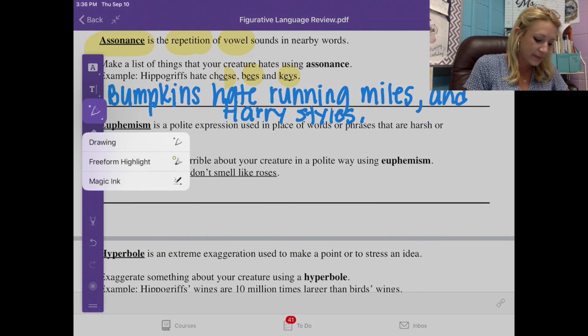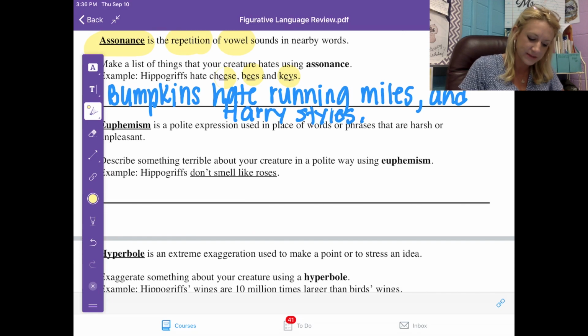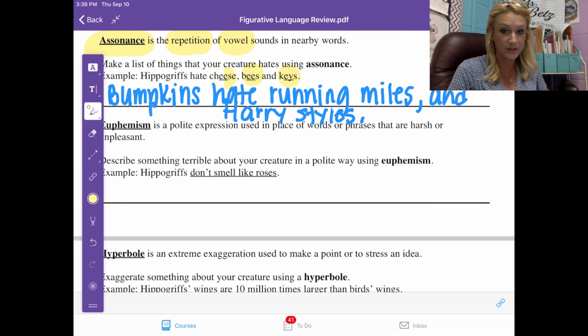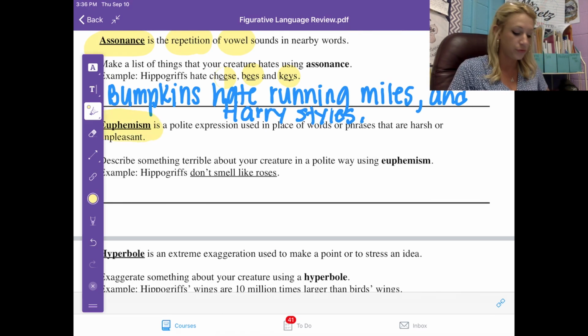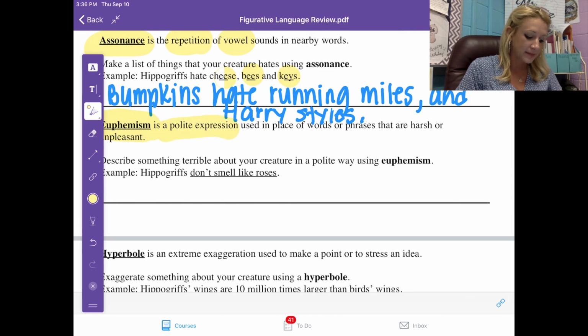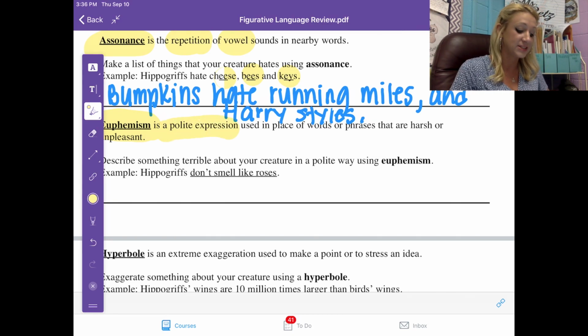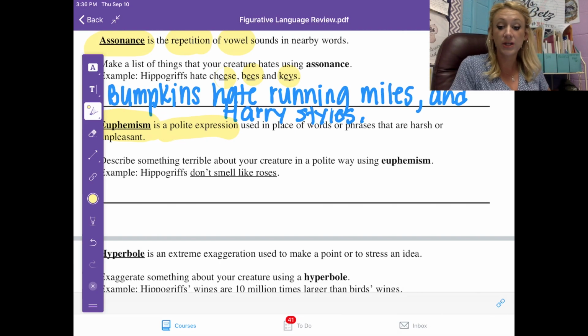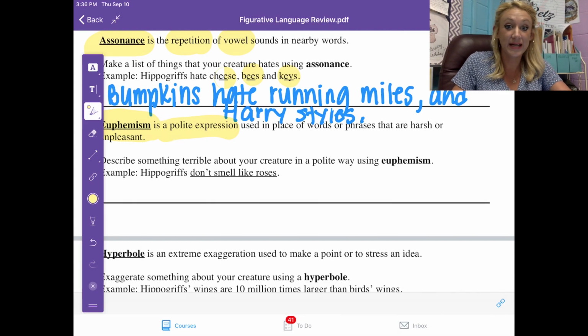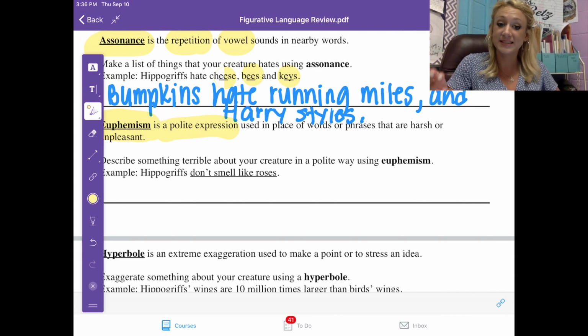Okay, next up, I'm sure you've probably heard of this before. Probably you haven't identified it in text or used it very often, but it is a euphemism. A euphemism is a polite expression that's used instead of harsh words and phrases. So when you're trying to say something that's not so nice in a nice way, it's a euphemism.